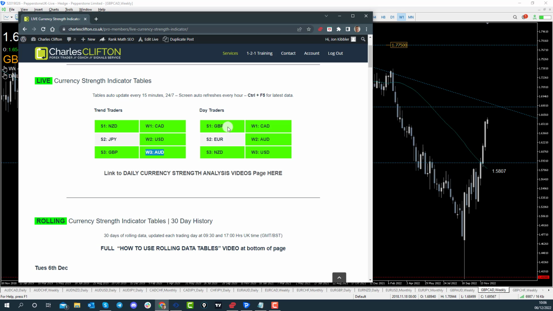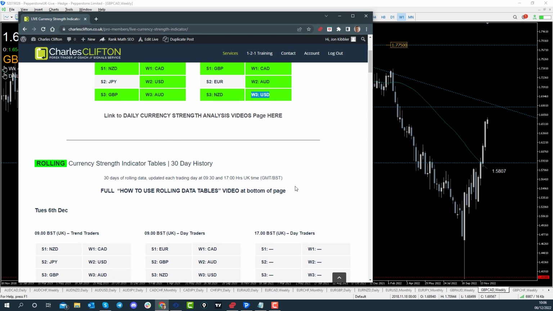On the day trader side of things, however, we have pound topping the table at S1, followed by euro at S2, followed by the New Zealand dollar at S3. On the weak side of the day traders, we have the Canadian dollar as W1, the Australian dollar as W2, and the US dollar as W3.